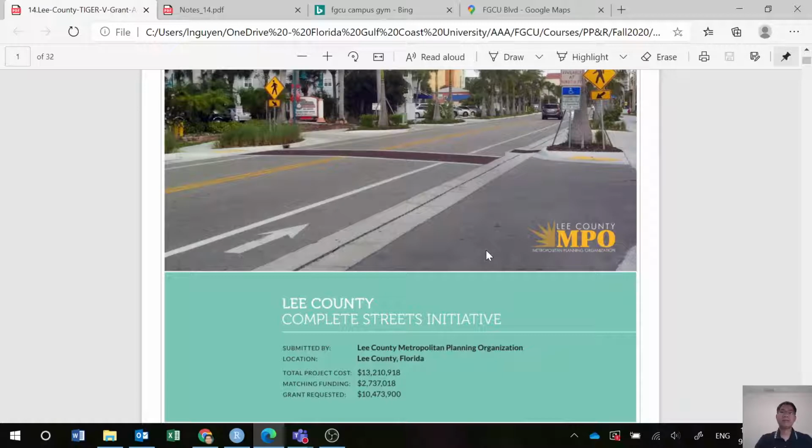Typically people think of a road for the car, but to be a complete street, you need to have beautification, trees, a bike lane, and good sidewalks. All of that makes a complete street, accommodating all modes of transportation from automobile to walker or biker.